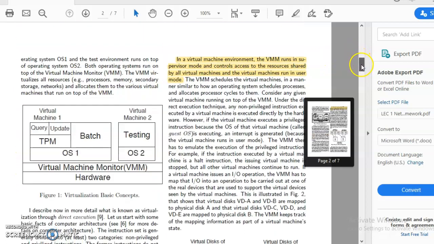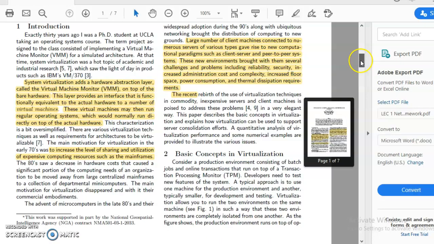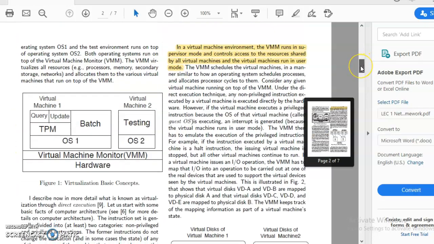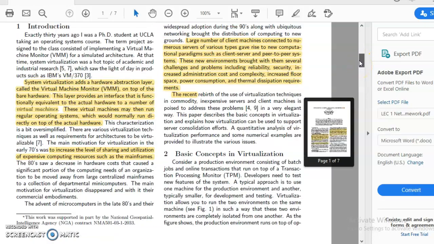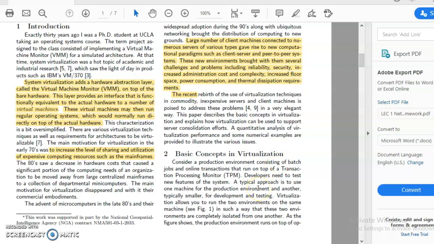What are the basic concepts in virtualization? We will see this. Consider a production environment consisting of batch jobs and online transactions that run on top of a transaction processing monitor.